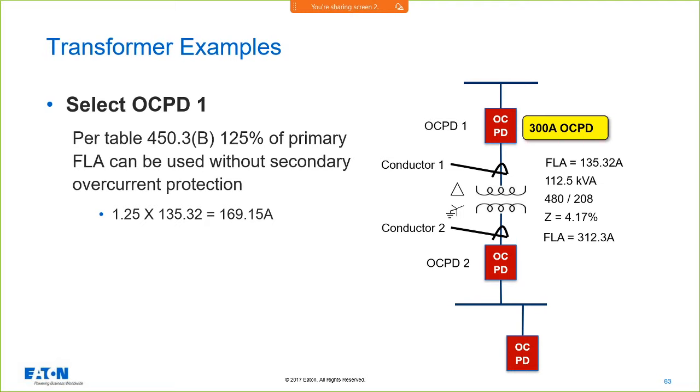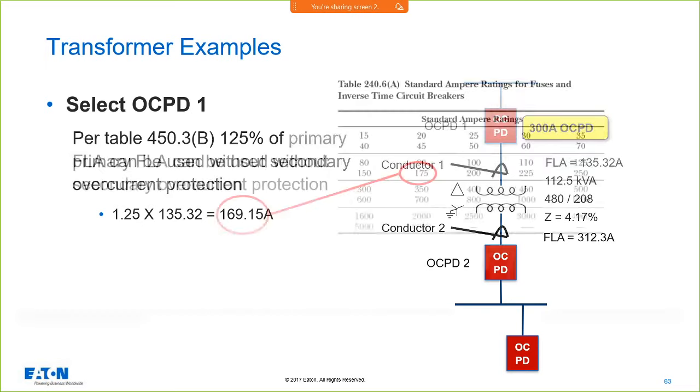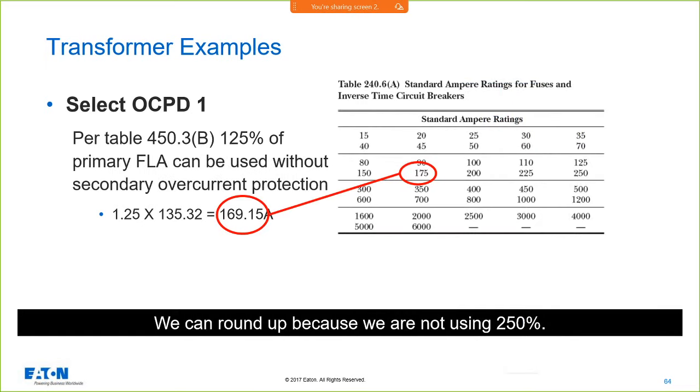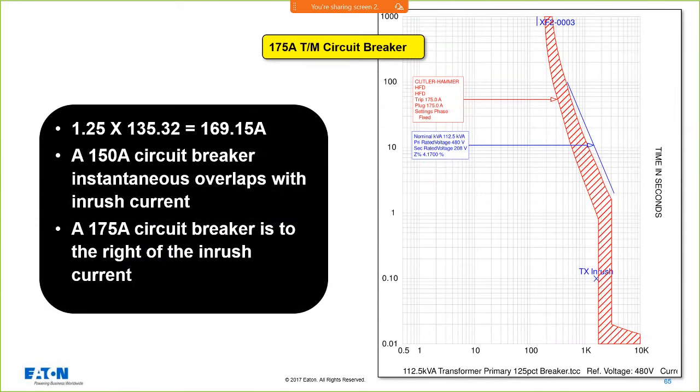Let's talk about it. So if I go 125%, I'm at 1.25 times 135.2, which puts me into 169, which means I could probably put a 175 amp overcurrent protective device, because that's the next one higher. And if I put that one in, I'm close to the inrush current, but I'm not too bad.